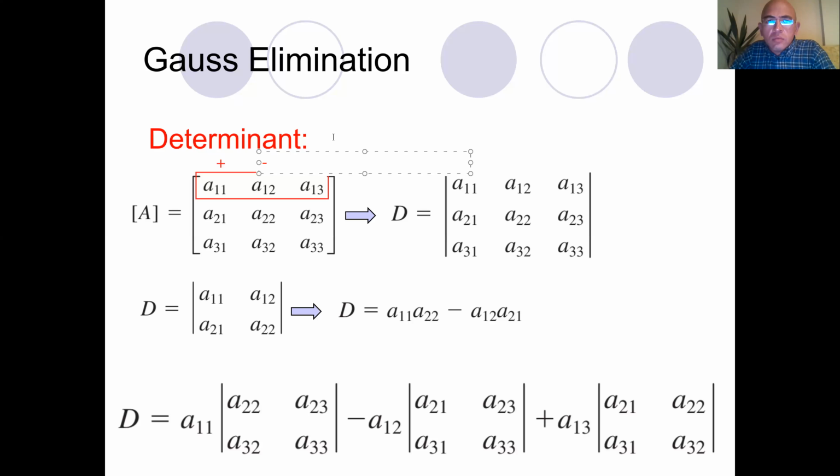Okay. And the third one is plus again. Now, I will exclude the first row and first column first.